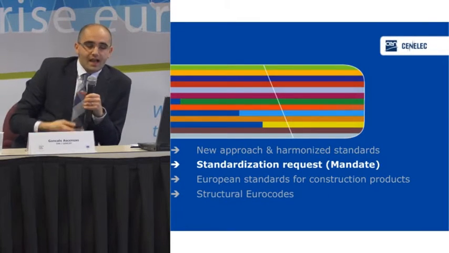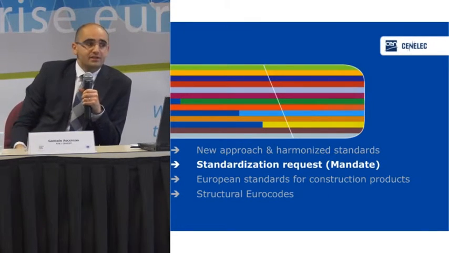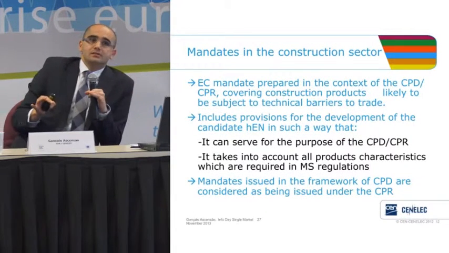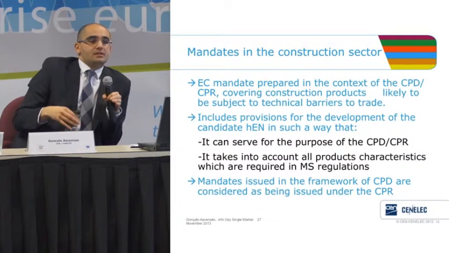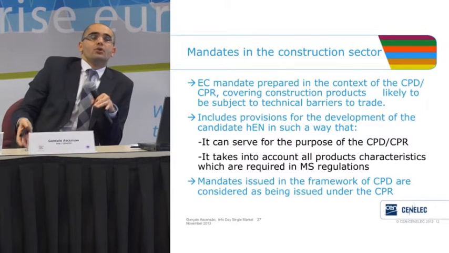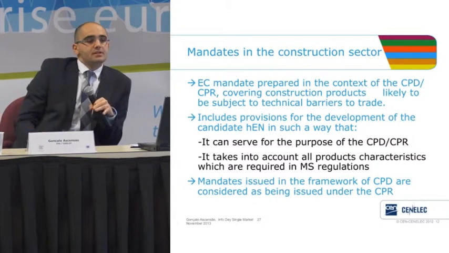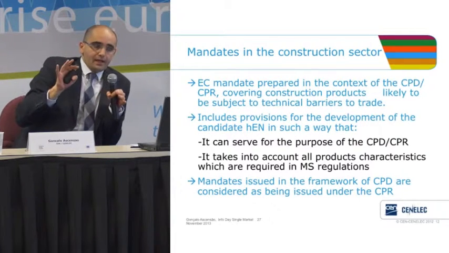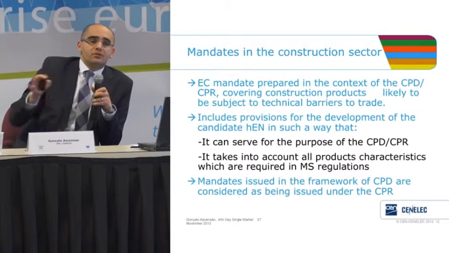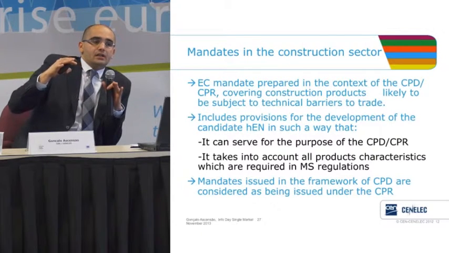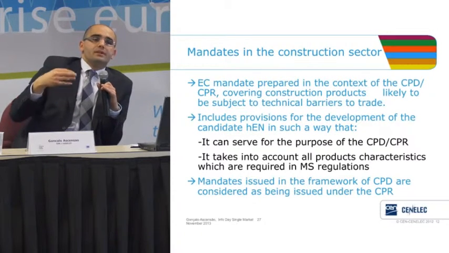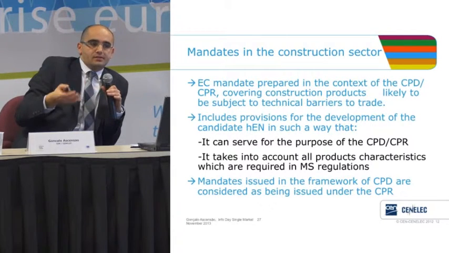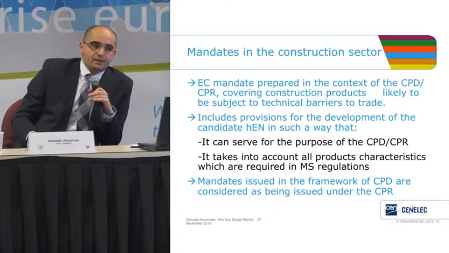Now, how do we get harmonized standards? The Commission is fully responsible to ask CEN and CENELEC, and also ETSI for other areas, to prepare harmonized standards. So the main principle for the construction sector is that the Commission will elaborate a mandate for construction products that are likely to be subject to technical barriers to trade.